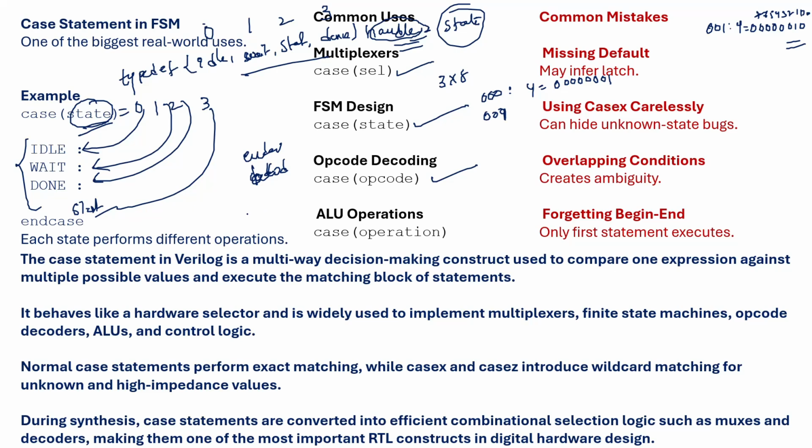See, why we avoid the casex statement is that it can hide unknown state bugs. Suppose you don't know some unknown states, so that can hide them. That's why don't use casex and casez carelessly; you can use casex wisely. And overlapping conditions give you some ambiguity, some confusion.